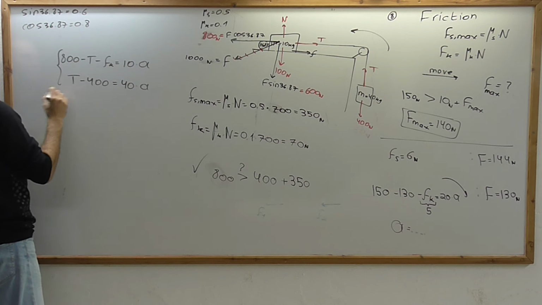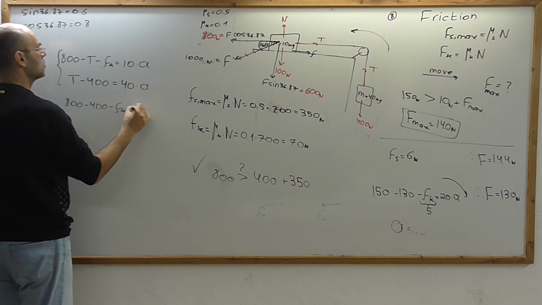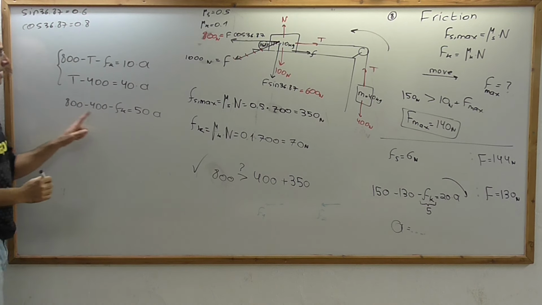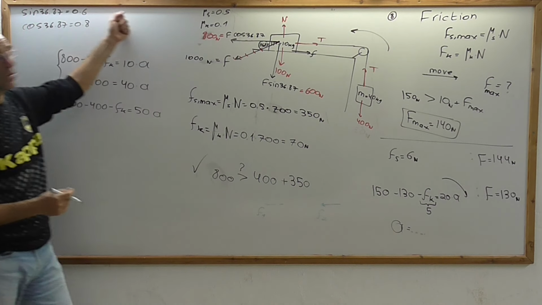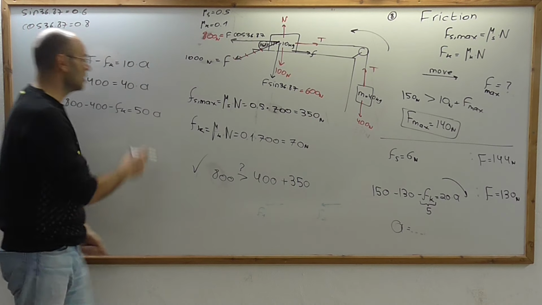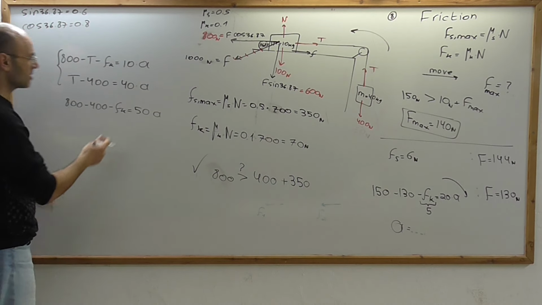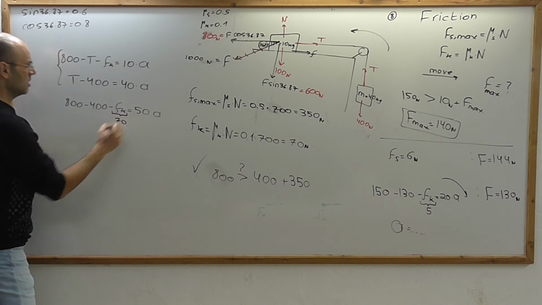I add them up. So 800 minus 400 minus fk equals 50a. And again, this equation I knew because 800 is the external force in this direction. These two are the external forces in that direction, and 50 is the mass of the system. And fk is 70.